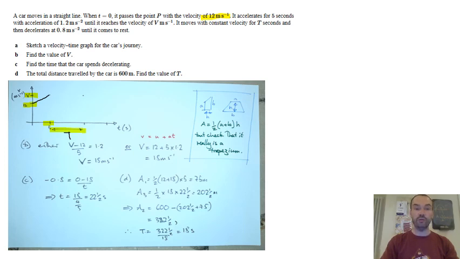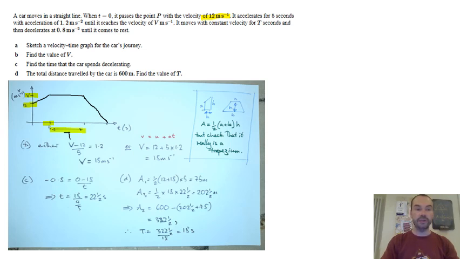It then travels with constant velocity, so we've got a horizontal line for t seconds, and then it decelerates at 0.8 meters a second squared, so this line should be shallower than the first one, so it looks like that.